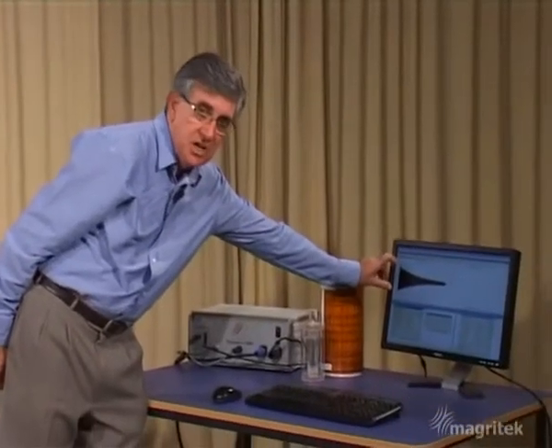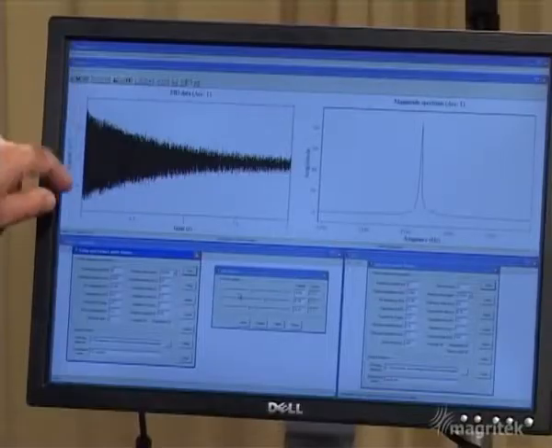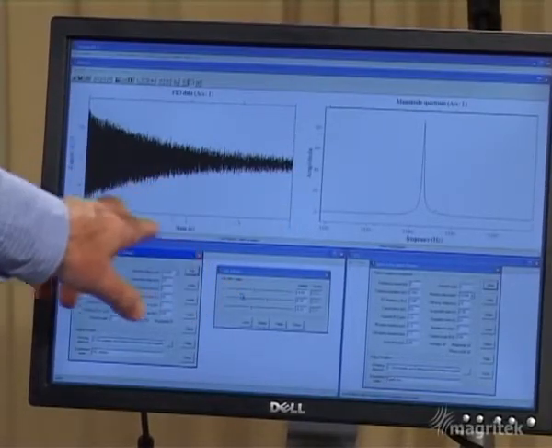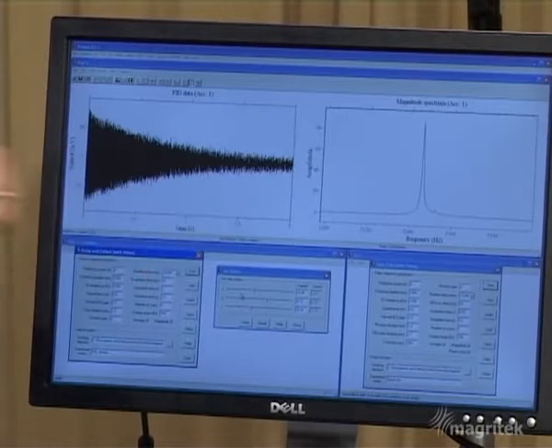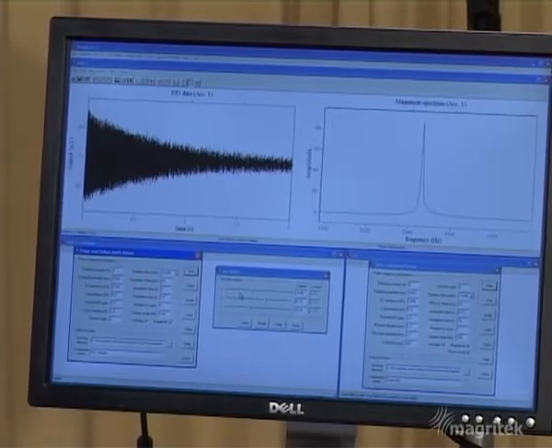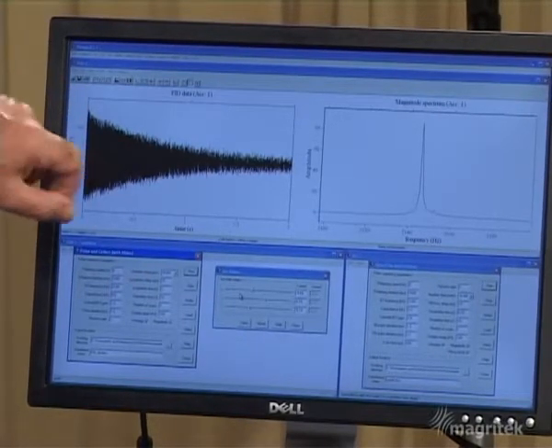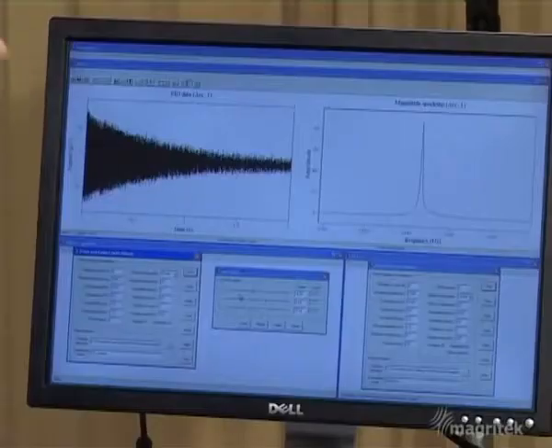There's the free induction decay, or FID, and the period of time here goes from 0 to about 2 seconds. The 90-degree pulse happened right at the start, and the duration of that pulse was about 1 millisecond. That was the time needed to turn those nuclear magnetization vectors through exactly the desired angle of 90 degrees.